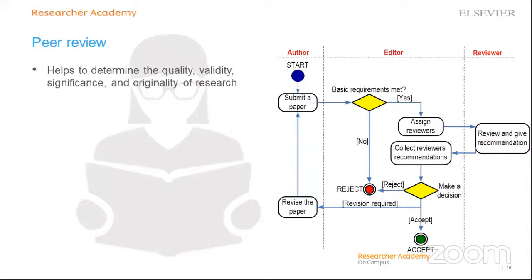You as an author or as a researcher write your paper and submit it to a journal. The editors of the journal take your paper and either reject it from the beginning because it's not suitable for the journal, or take it and send it to reviewers. The reviewers are researchers in your same field.